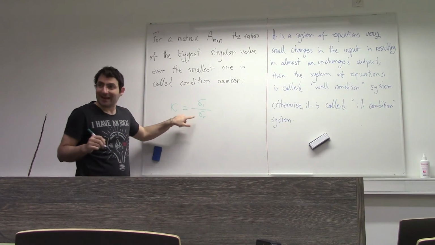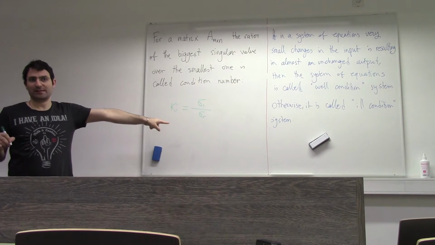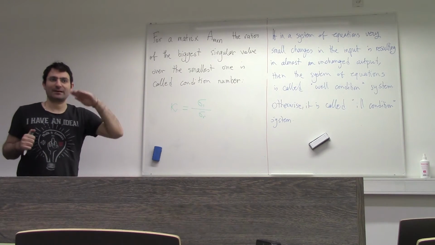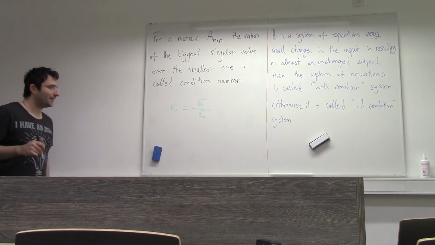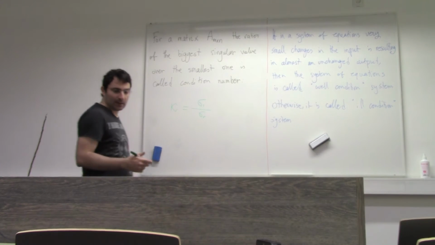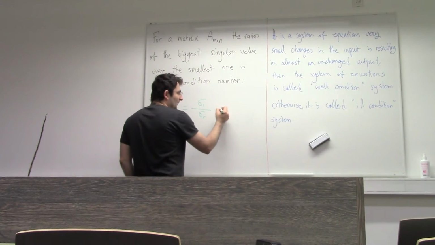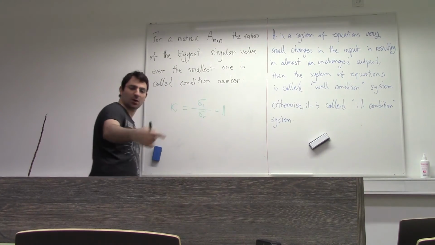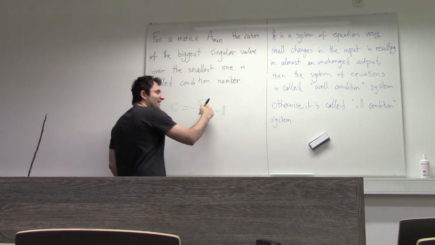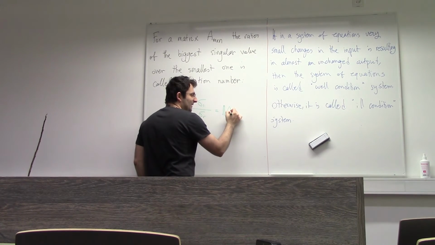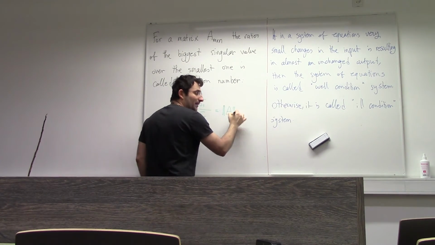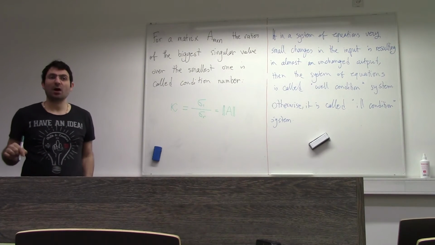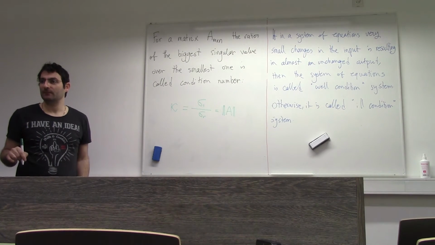We know that the last one is sigma r because the rank is the number of non-zero singular values. And we will talk about it towards the end of this chapter, that sigma 1 is norm of A.